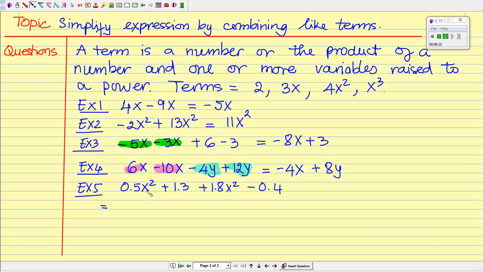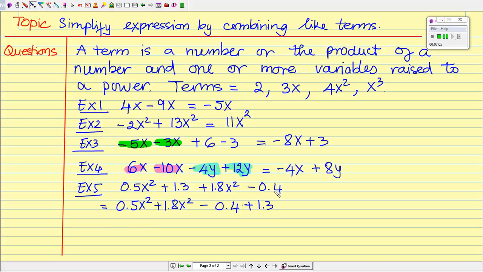Let's start with the like terms that have x as the variable and the exponent of 2. So we have 0.5x squared, and then positive 1.8x squared, and now we just copy the numbers: negative 0.4, and then plus 1.3.